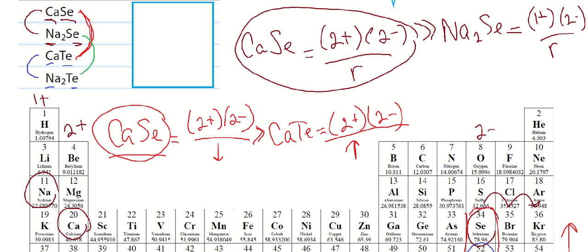If we compare the second and fourth compounds, again, the cations are the same, but the anions are different. It's the same anion comparison, so for the same reason we just talked about, we expect sodium selenide to have greater lattice energy than sodium telluride, because this one has a smaller ionic radius.